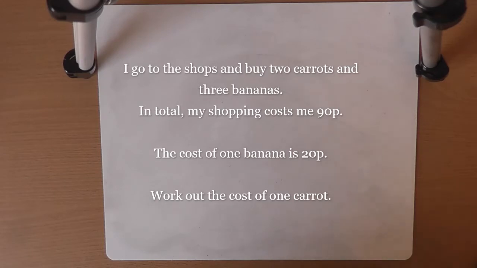We were looking at the prices of some carrots and some bananas in a shop. We started with some information that we knew, in this case the total cost of the shopping and the cost of one banana, and we went through that logical process. Even if we didn't necessarily realise we were doing algebra at the time, we went through this logical process to work towards a piece of information that we didn't know, the cost of one carrot, and that is what algebra is for. In fact, that's what algebra is.